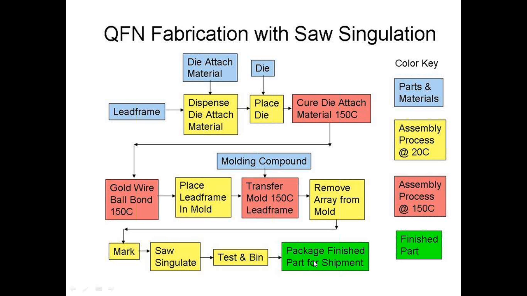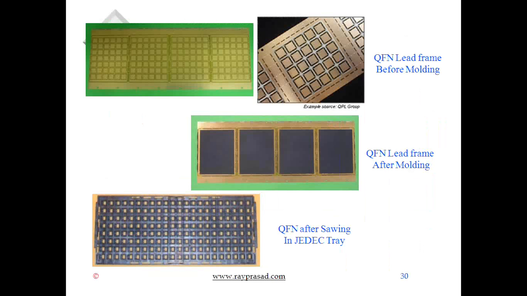So essentially, that's the process and what temperature each step is done at, and it gives you an idea about how the package is made. Another way to look at that is here on slide 30: the lead frame, which was one sheet of copper, then got etched, and the one on the right is each individual lead frame.